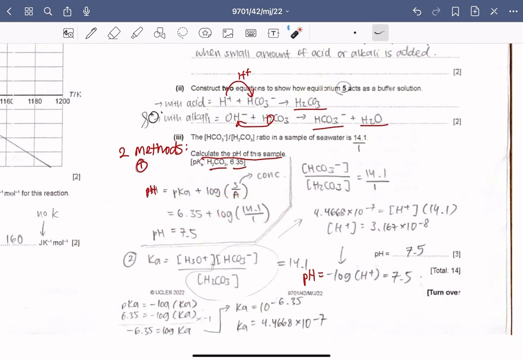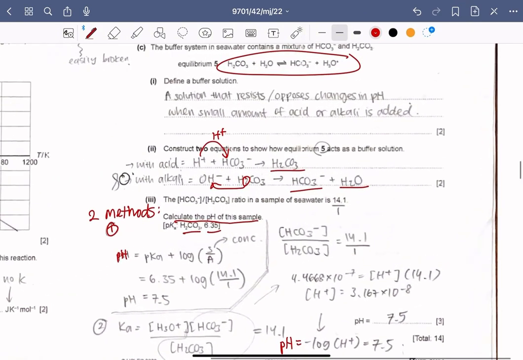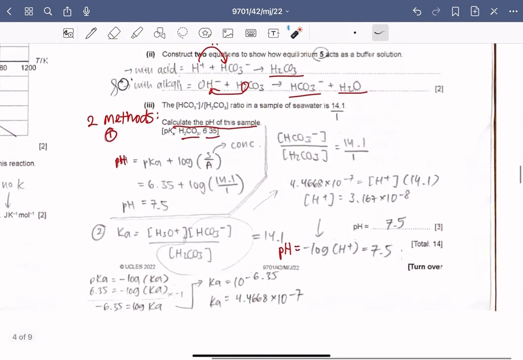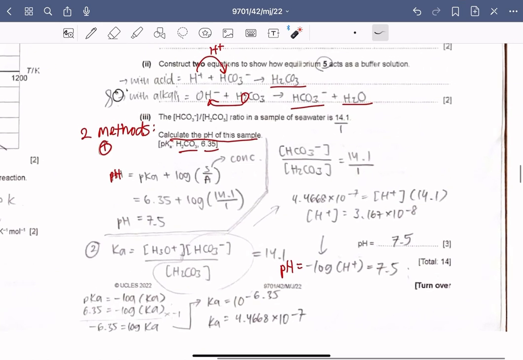Or method 2, you could use the long way using the reaction. First you need to form Ka, the constant. To express the constant in an expression, we do products over reactants, and because H2O is always a constant concentration, we ignore the H2O that is supposed to be here. I cross it out, and therefore I get this expression, which is equal to 14.1 Ka, if I'm not mistaken.